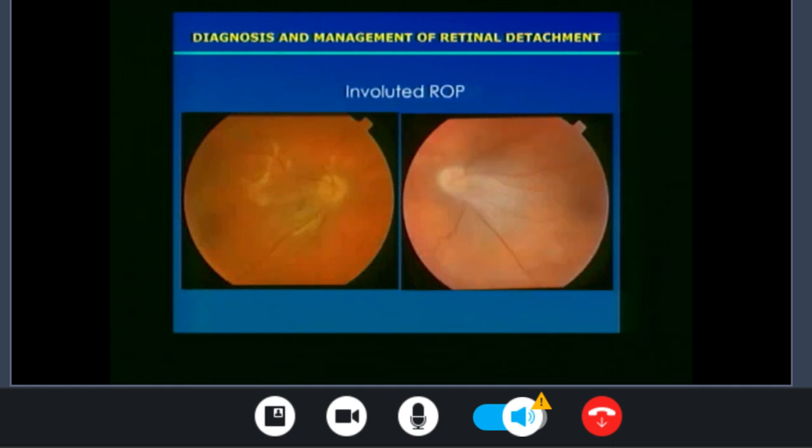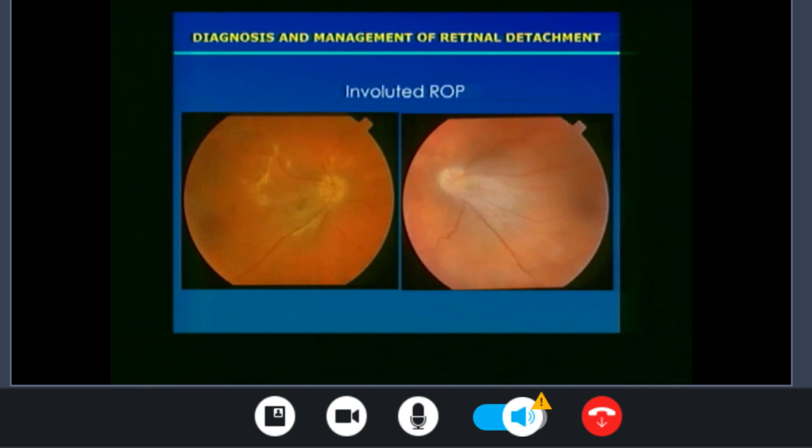Another type of detachment that we see, and you have to not miss it, is in patients who have involuted retinopathy of prematurity, self-involuted ROP. They remain at high risk of detachment for the rest of their life because of peripheral thin retina and lattice-like degenerations.